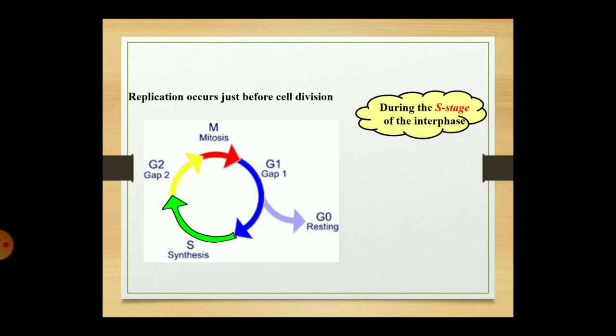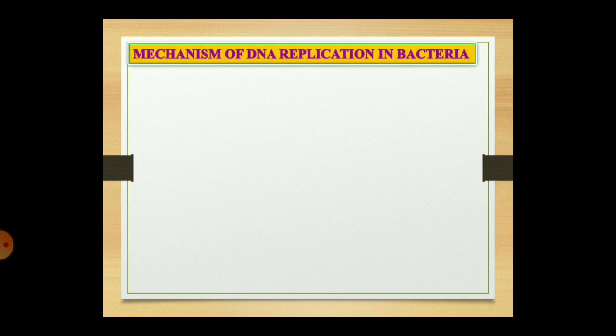So two things to remember: what is DNA replication, and when it takes place. The process of synthesizing an exact or identical copy of DNA is called DNA replication, and it takes place during the S phase of the cell cycle. So what are the requirements for DNA replication?